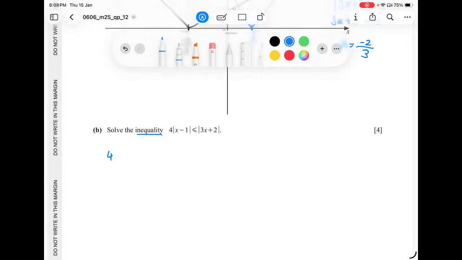Basically 4x minus 1 is less than or equal to the absolute value of 3x plus 2. At this moment, you should think that there are two ways to do this, as we did in the sessions previously. One is squaring and the other is taking all the cases.